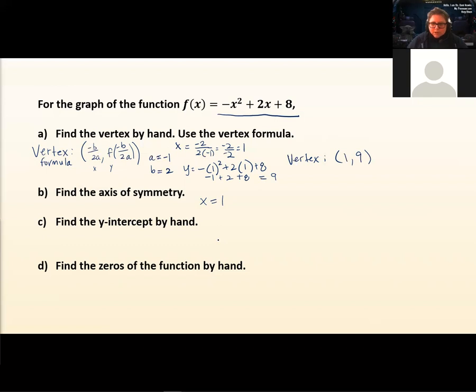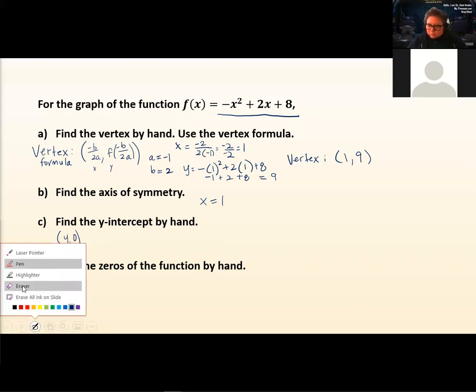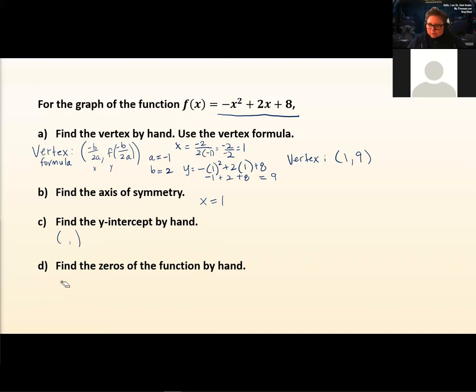So if we want to find the y-intercept, remember that the y-intercept is 0 comma y.